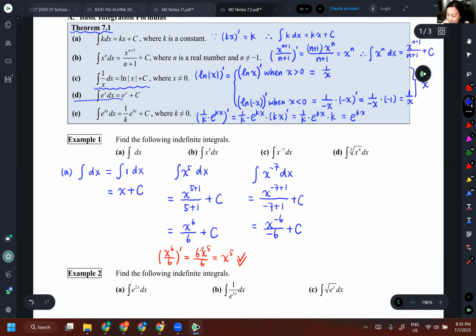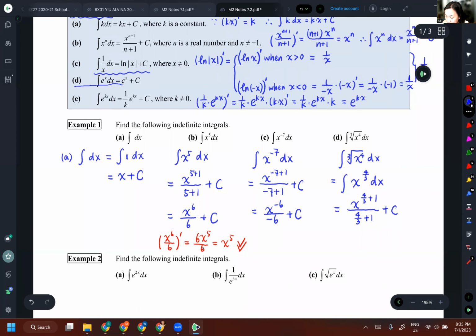For part D, I also use formula B. But first, I will change it to a power so I can use formula B. That's 4 over 3. And then x^(4 over 3 plus 1) divided by 4 over 3 plus 1.